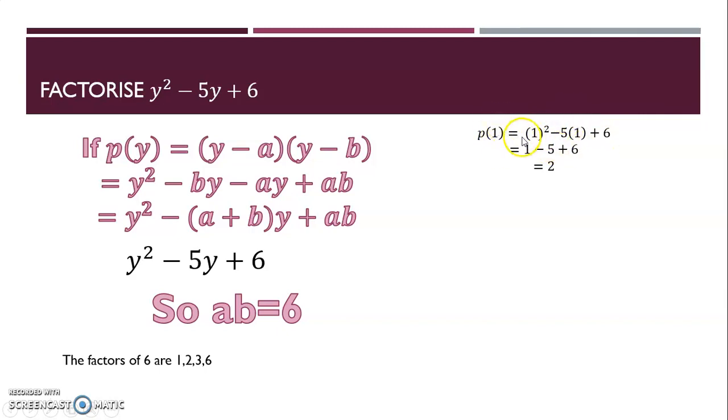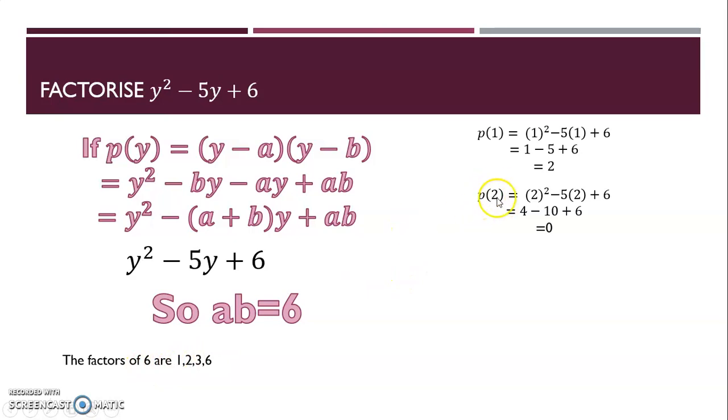But when we check whether p of 1 is equal to 0, we get p of 1 is equal to 2. That means y minus 1 is not a factor of p of y, that is, a or b does not take the value 1.